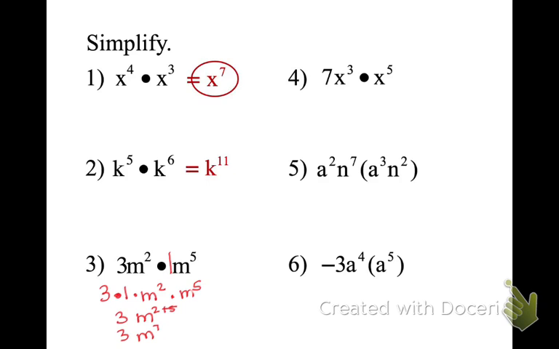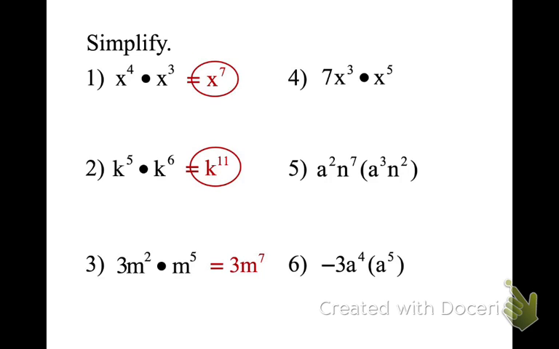Okay, next one. Again, why don't you guys try the next one on your own? All right, let's check it. So hopefully you got 7x to the 8th. All right, the next one gets a little bit different.